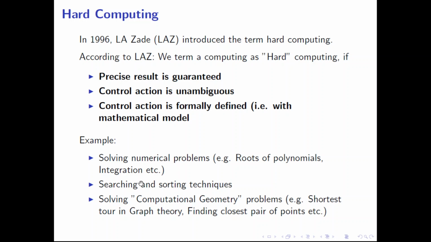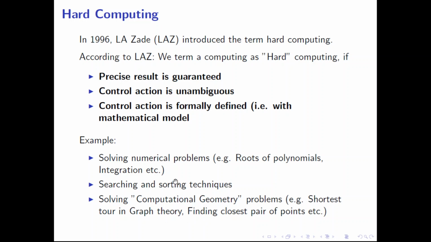Examples, these are the typical examples for hard computing: solving any numerical problems, finding the roots of a polynomial, integration, all searching and sorting techniques, finding the shortest path in a graph.